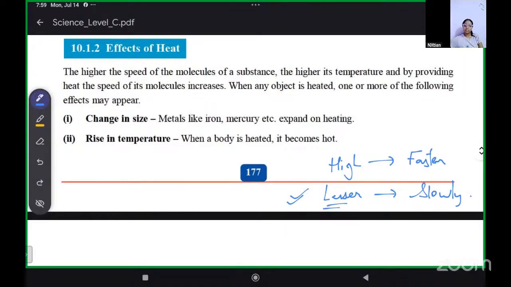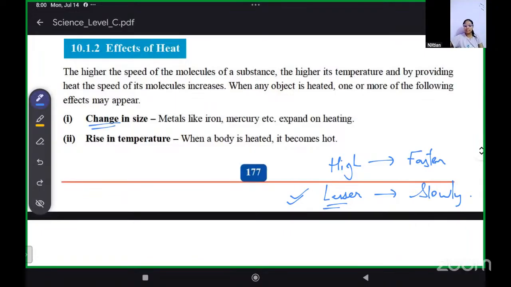So this is how the change of temperature affects the speed of the molecules of a substance. When any object is heated, there are some changes that appear. What are those changes? Change in size.